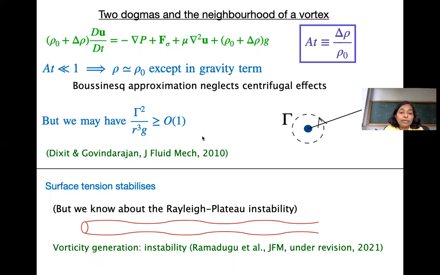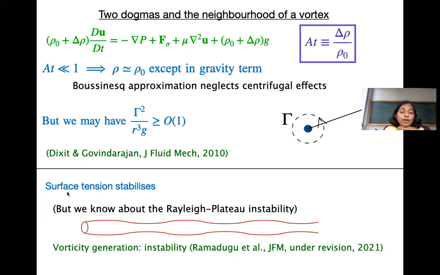We've made this argument some time ago that when you have a powerful vortex, and gamma is the circulation of that vortex, in that neighborhood, when this non-dimensional number, which is like a Froude number, is order 1 or bigger, you cannot make the Boussinesq approximation. So that's one dogma. Even at low Atwood number, you can have, in the vicinity of powerful vortices, effects due to density gradient, which we'll talk about.